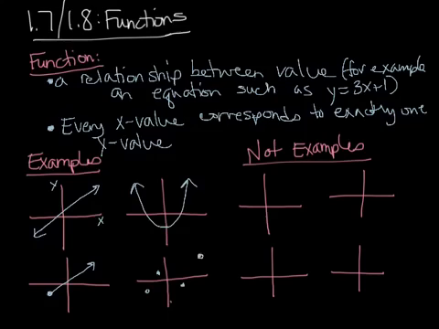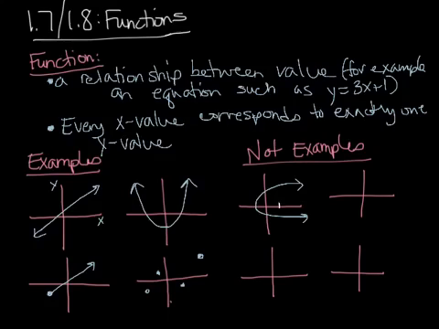So some things that are not functions is going to be anything that you notice that an x value has two y's corresponding to it or more. So for example, if you have something like this, we have a sideways parabola. So you don't automatically look at that and say, oh yeah, some x's have two y's.